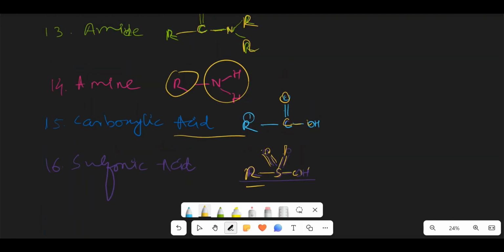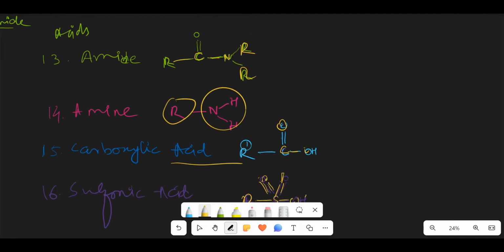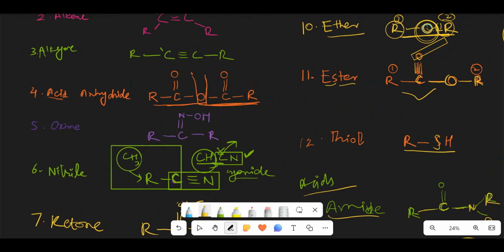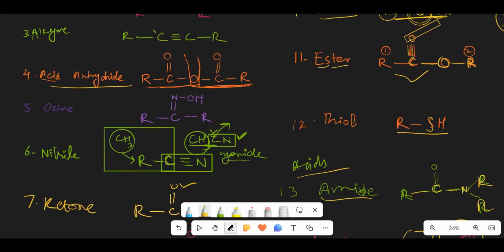Now I would ask one thing. This is called acid amide, this is called acid anhydride. Why is it like that? Why are these called acids? Because if we divide the structure of the compounds, we may get a little bit acidic structure.